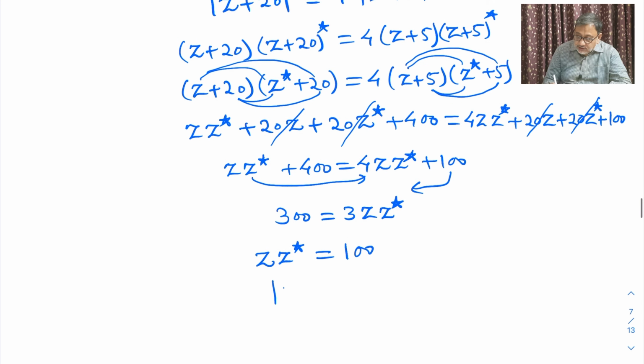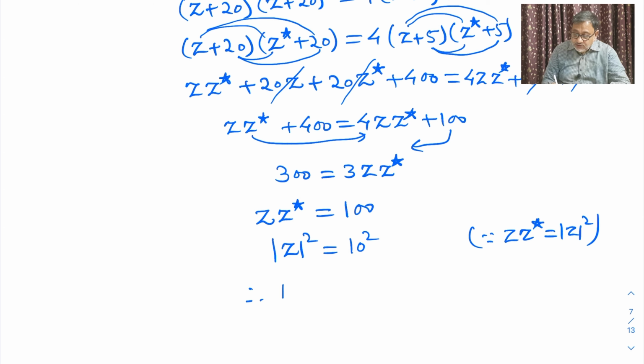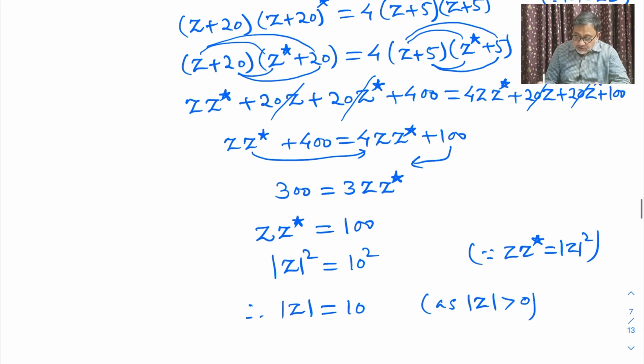Now z into z conjugate is modulus of z square, which is equal to 10 square, since z into z conjugate is equal to modulus of z square. So therefore modulus of z is equal to 10, as modulus of z is always greater than 0. So this was the third part.